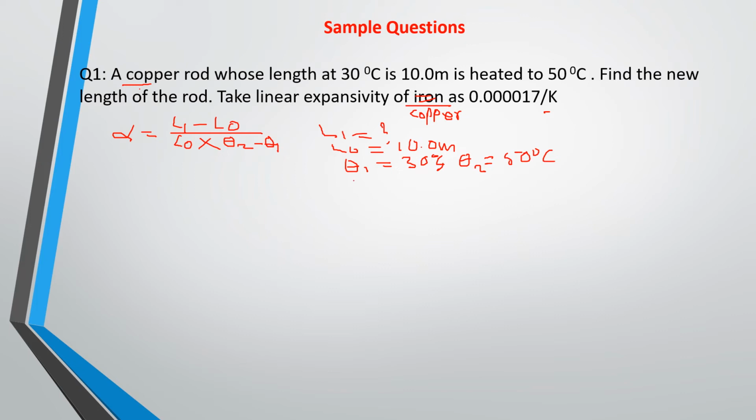Which means change in temperature is equal to 50 minus 30, so that gives us 20 degrees centigrade. This is our change in temperature. We are also given the linear expansivity of the metal to be 0.000017 per Kelvin. So these are what are given to us.